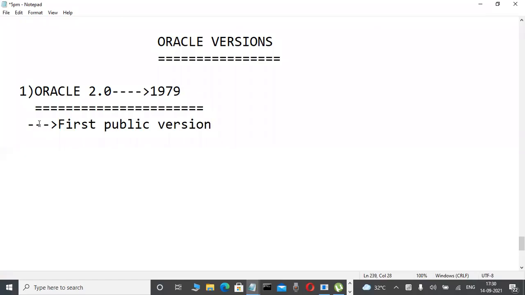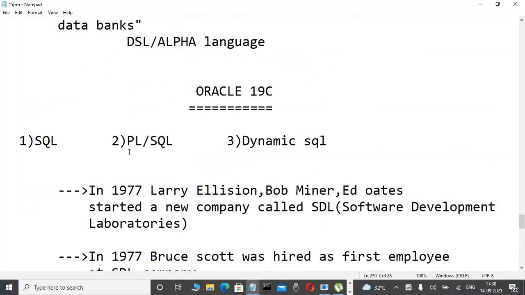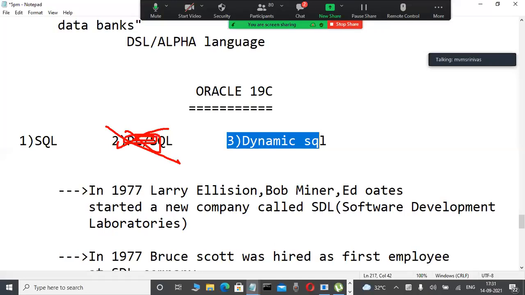Now observe slowly. Why am I telling you these versions? So that you can understand with some knowledge. Oracle is a relational database product. We operate Oracle with SQL, PLSQL and dynamic SQL languages. But unfortunately, in those days, in the 2.0 version, the PLSQL language was not there and dynamic SQL was not there.